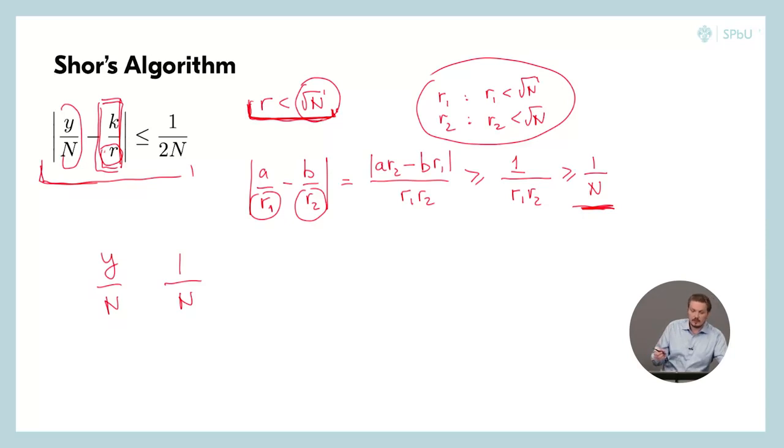And if we find one, and if y was a good y, then we get this fraction k divided by r, and we either get r or one of its divisors. But how to search for this number, which is close enough to this measured number with this small denominator? By the continued fraction method. Let's see an example of this.